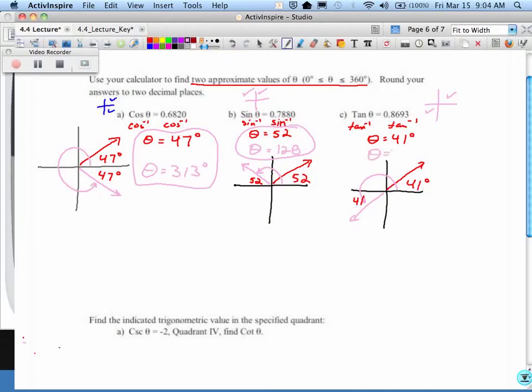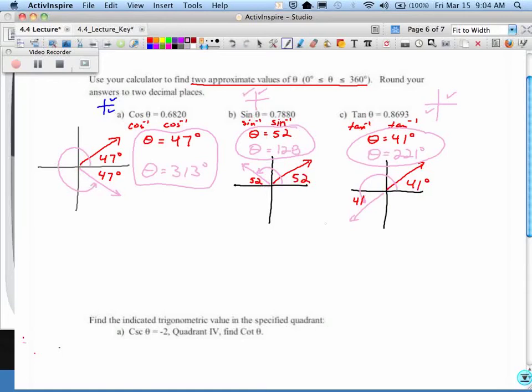Now, the problems on the worksheet and the review become a little more difficult, and the ones on the test are even more difficult. I don't know why students just don't pay attention to these problems.